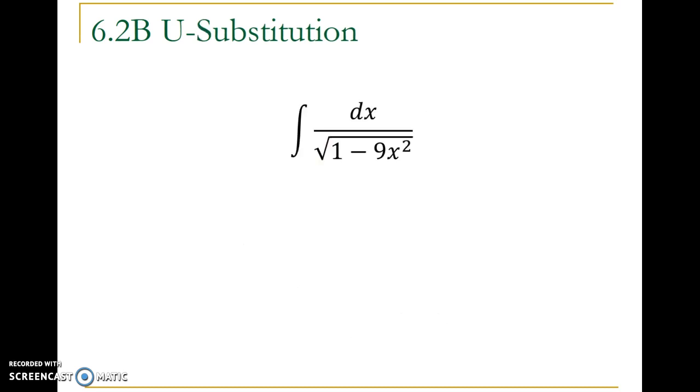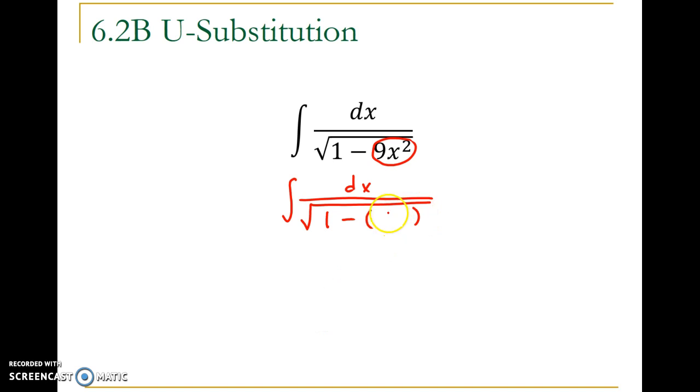All right, here's a challenging one. So one thing that you might get used to doing is making yourself see that it looks like something on your sheet already, except for one thing. So if I rewrite this a little bit, I have dx is equal to the square root of, my sheet wants this to be something squared, right?